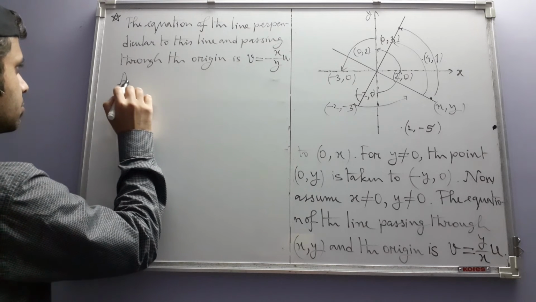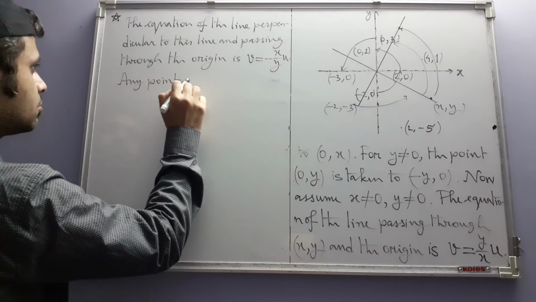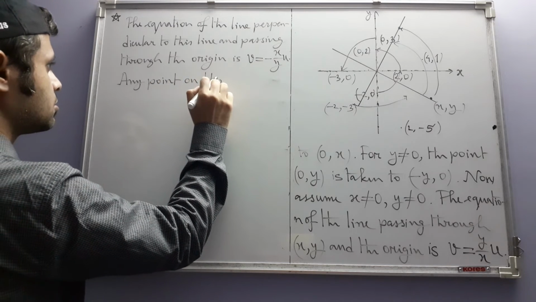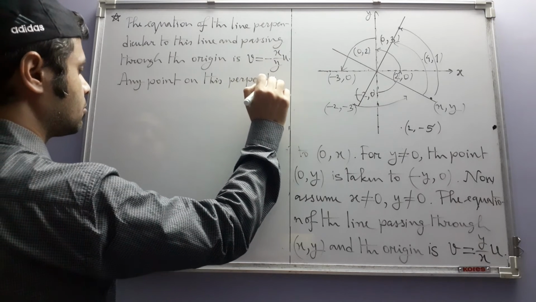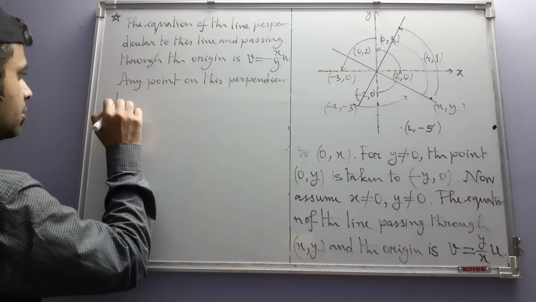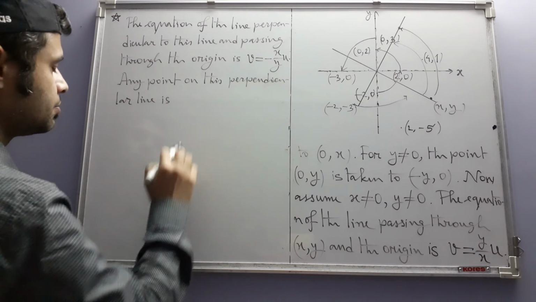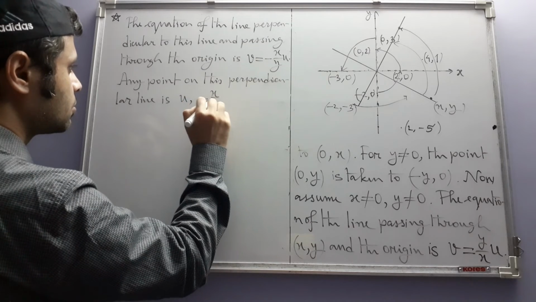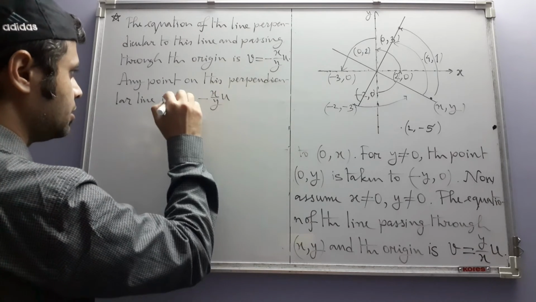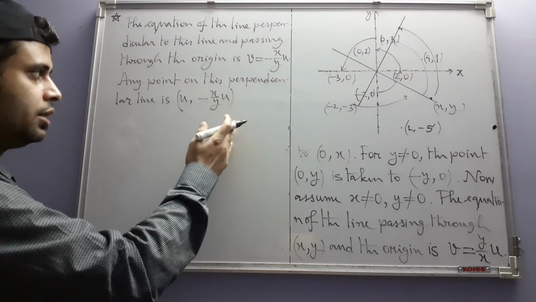Now any point on this perpendicular line is u comma minus x by y times u, because that is the y or the v coordinate.